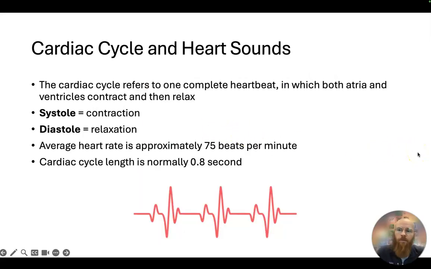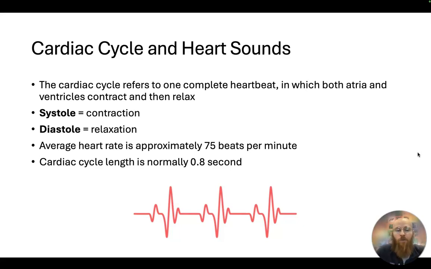Okay, so whenever we're referring to the cardiac cycle, this is one complete heartbeat, okay, in which both the atria and the ventricles have time to contract and then relax, okay? So this one full cycle, which is a heartbeat. Now, we have two vocabulary words that we use to refer to contraction and relaxation.